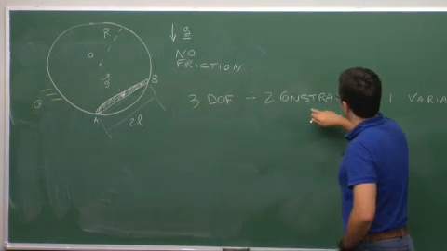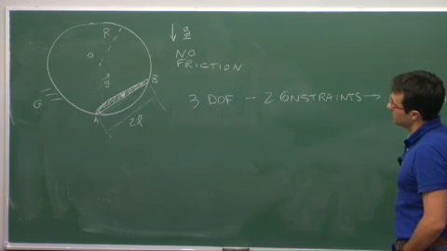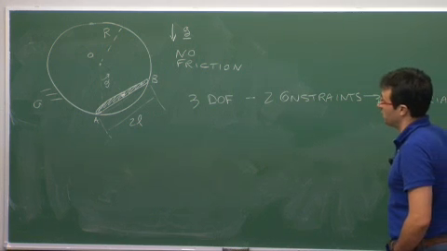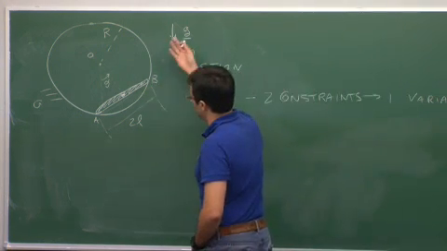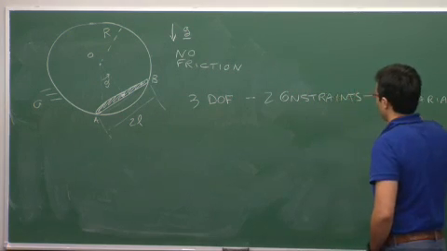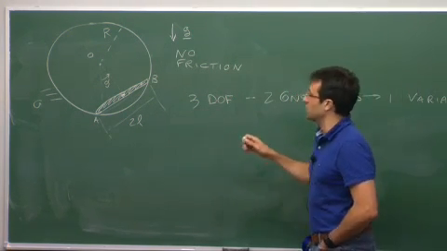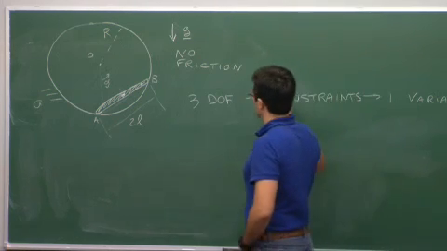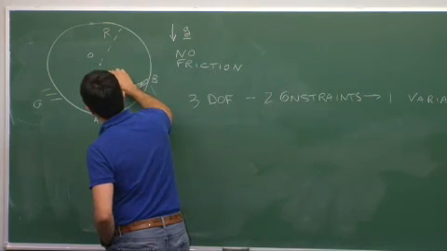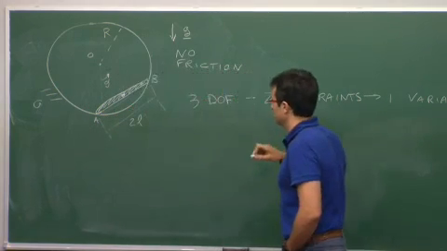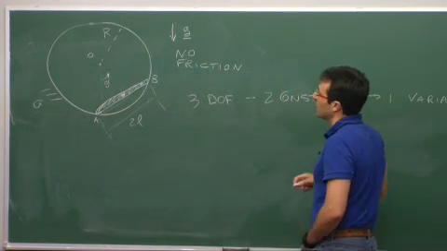So what are these 2 constraints? How would you write them? Because if I have 3 in general for a rigid body in a plane, but then I'm saying that only theta is enough to represent the problem, so I need to find only 1 differential equation of motion, where are these other 2 constraints that remove the degrees of freedom? This is between A and B. That is a rigid body.